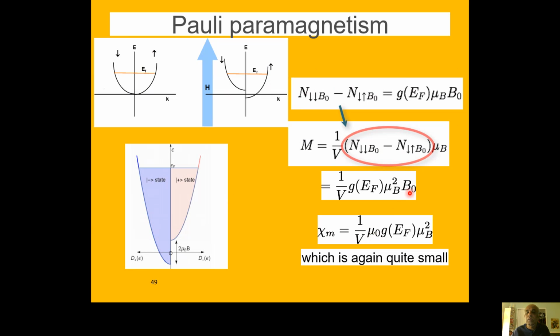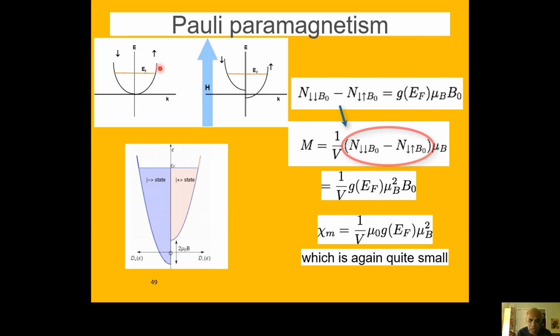You just divide by B, and then mu 0 comes here, times g. So this is your susceptibility. Remember, this is a positive value, so that means this is Pauli paramagnetism, coming from these free electrons. So these are the free electron contribution. Again, this is a very small value, but it's a positive value.